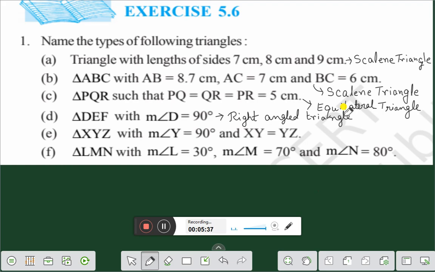Question number E. Triangle XYZ with measure of angle Y is equal to 90 degree and XY is equal to YZ. Right.